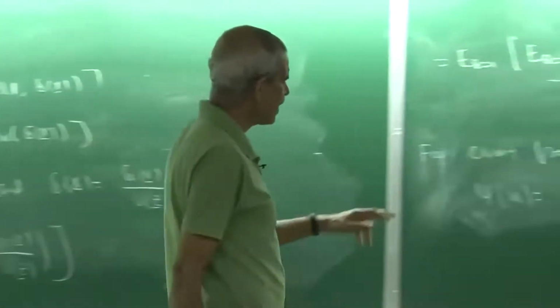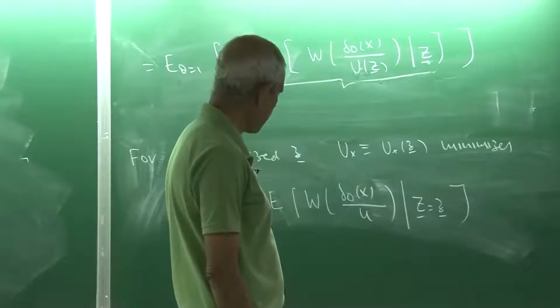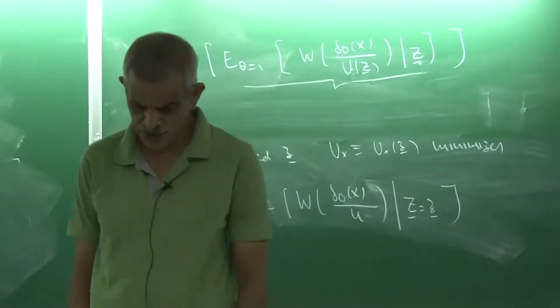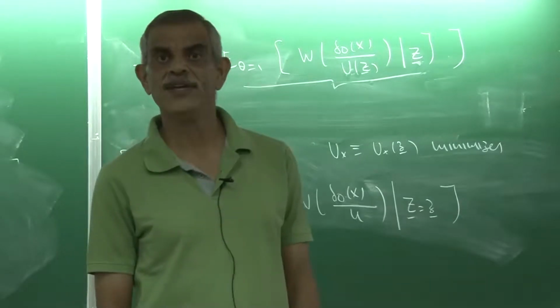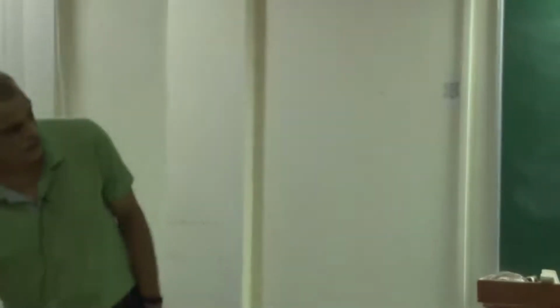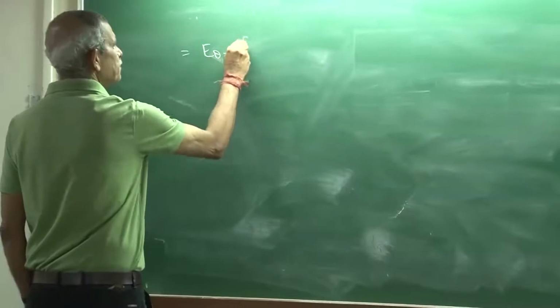Let us try to see if I can write this in terms of a location kind of scenario where I was dealing with a loss function of the type W of A minus theta. This is E theta is equal to 1. So this can be written as, let me just come over here, e to power theta is equal to 1.